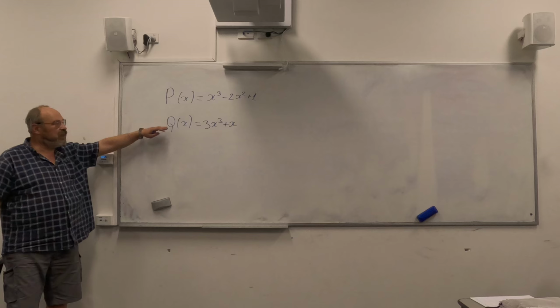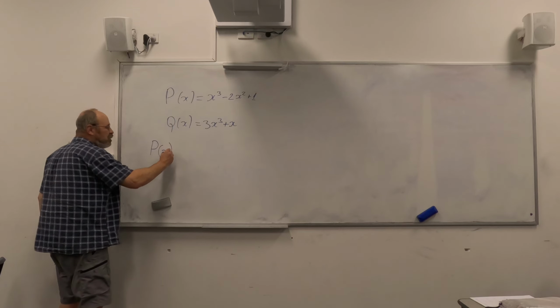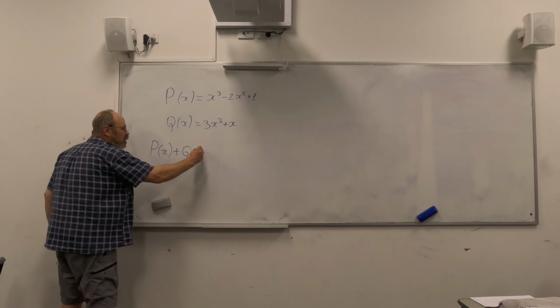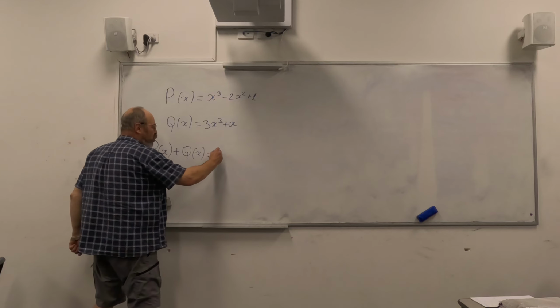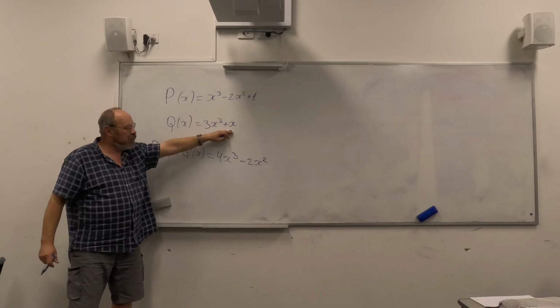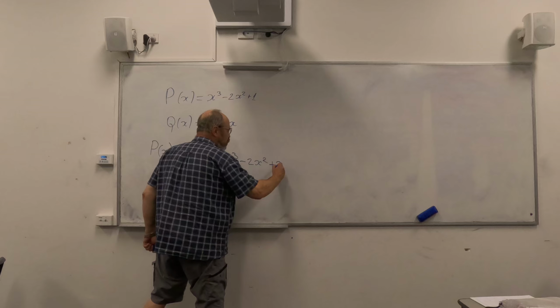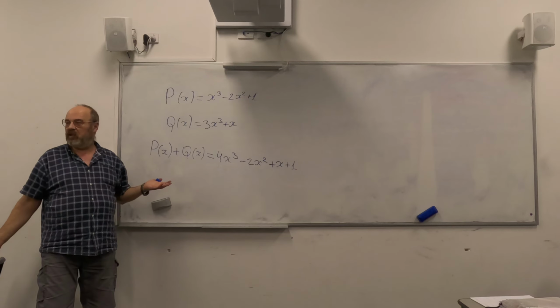Let's find p of x plus q of x. We add the same powers. 3x cubed plus x cubed, 4x cubed. Now we have 0x squared here and minus 2x squared, so it will be minus 2x squared. We have 0x in this polynomial, we have x here, so it will be plus x, plus 1. So pretty straightforward addition of polynomials.